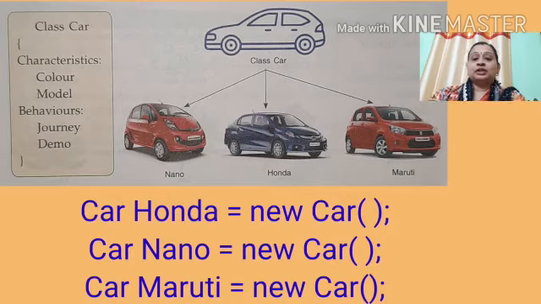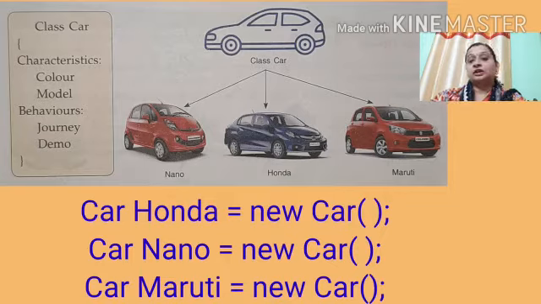So the various objects of the class Car can be created by, you can see the class name is Car, so we'll write Car. My object is Honda, so we'll write Honda equal to new Car. Then under class Car there is Nano, so Nano we have taken as an object equal to new Car and the method sign.